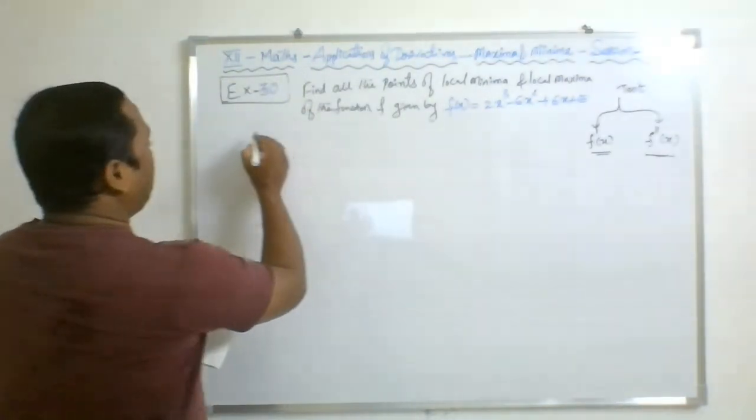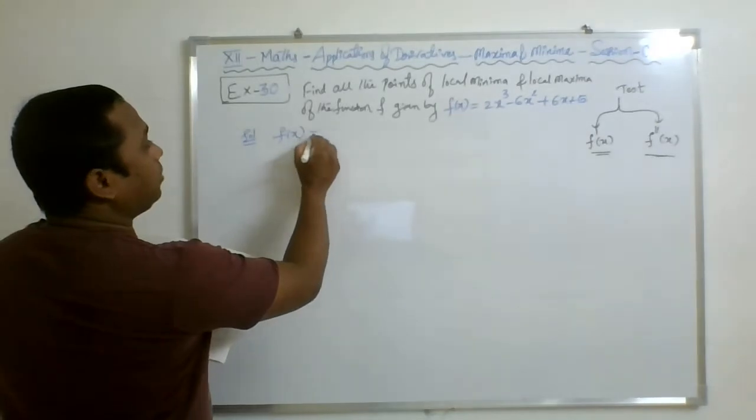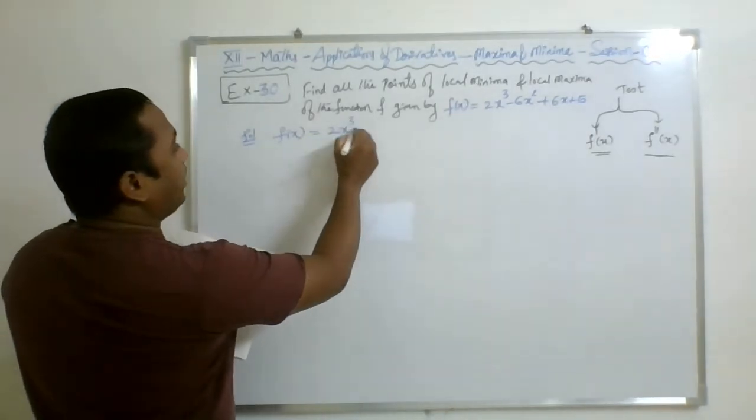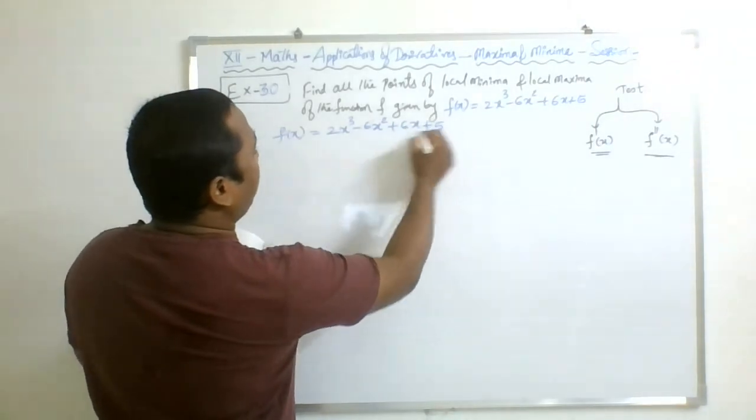So first, the same again for the solution. We'll take the function as it is, 2x^3 - 6x^2 + 6x + 5.